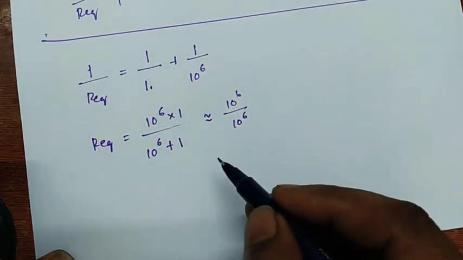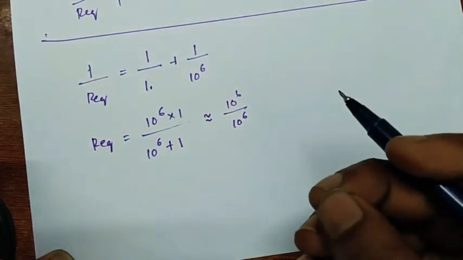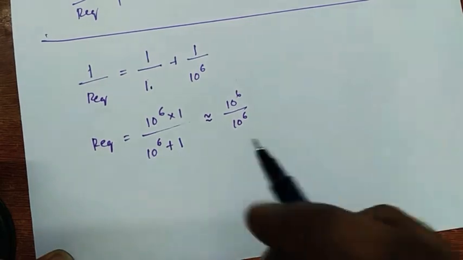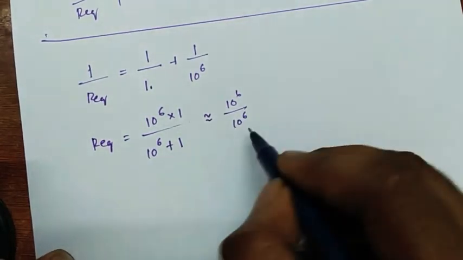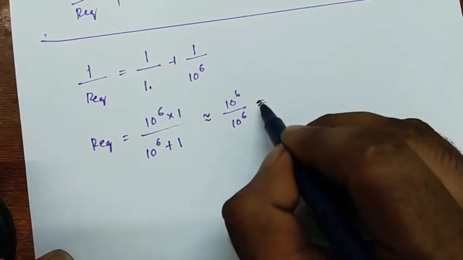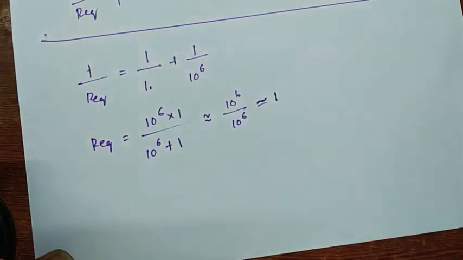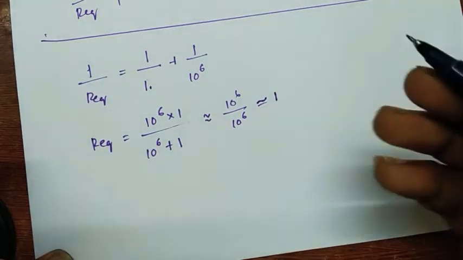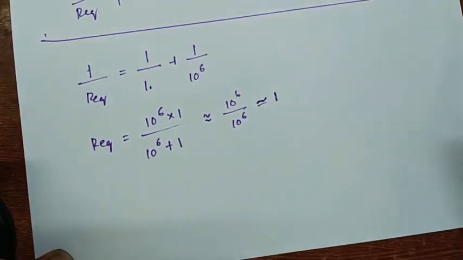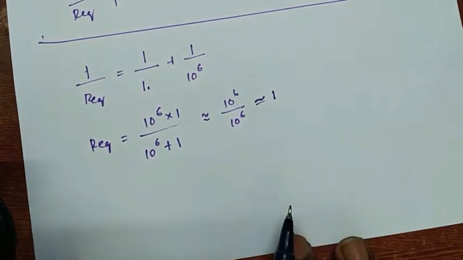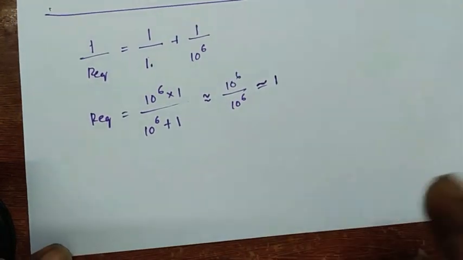Just adding 1 means a small teeny little amount only will change. So I kept the approximately-equal symbol, and the answer is approximately 1, not exactly equal, but very close to 1.